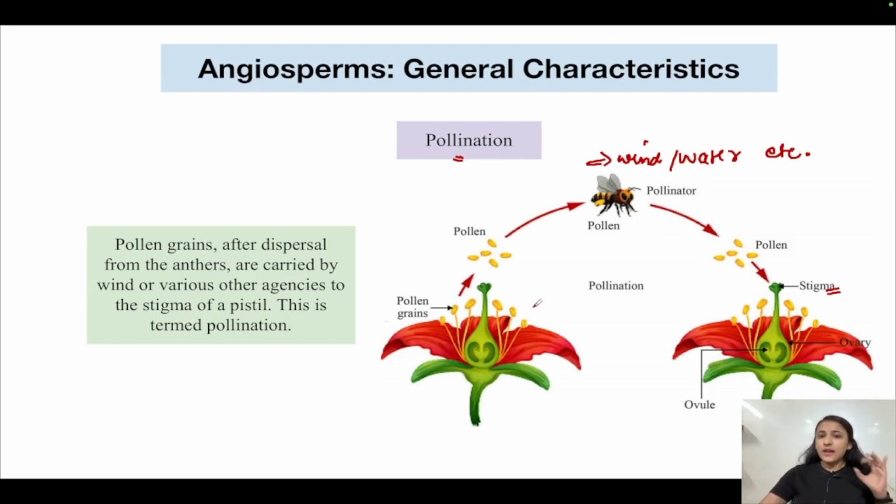Now flowers can be of two types. If in a flower both the male and female reproductive structures are present together, that flower is known as a monoecious flower, a bisexual flower.